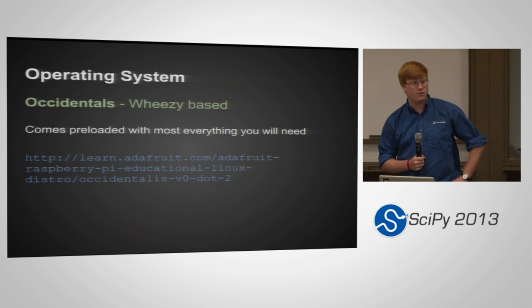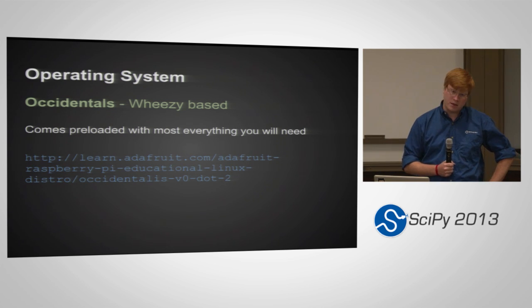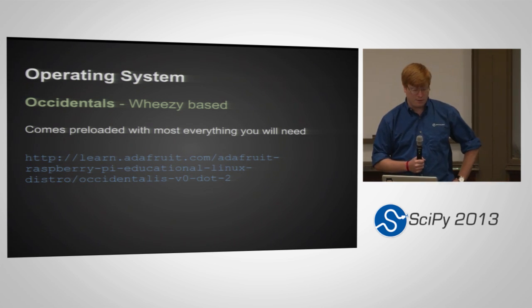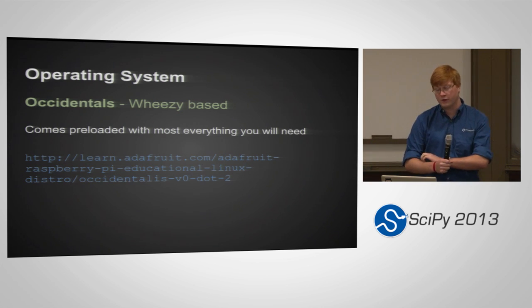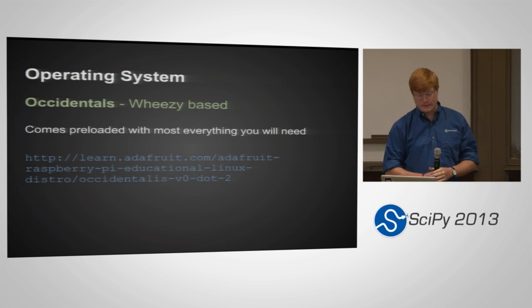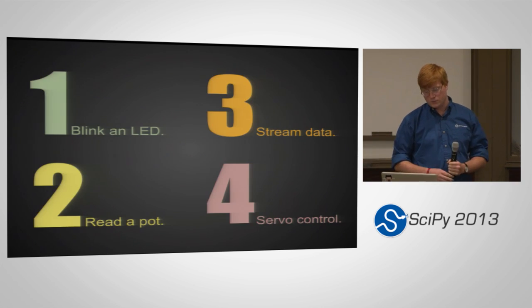Anytime you buy a product off their website, or often, it'll come with tutorials on how to use it and maybe even some sample code. And that code expects you to be using their operating system, or their flavor at least of Wheezy. So I recommend downloading Occidentals if you want to do hardware control with your Raspberry Pi. And that's the URL to find it.